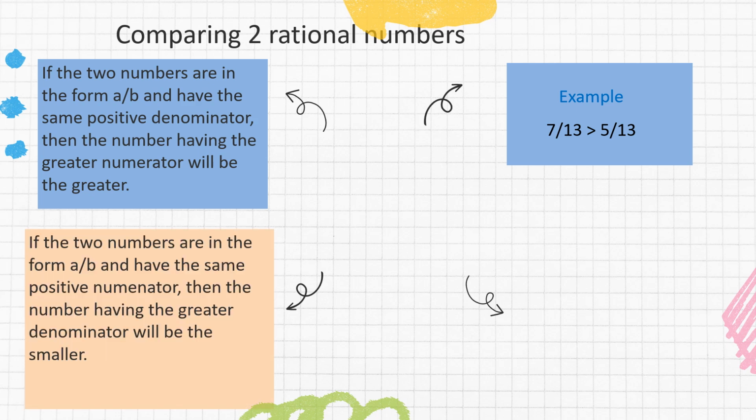Another example, if the two numbers are in the same form A over B and have the same positive numerators, then the number having the greater denominator will be the smaller. As when the denominator gets greater, the fraction gets smaller.